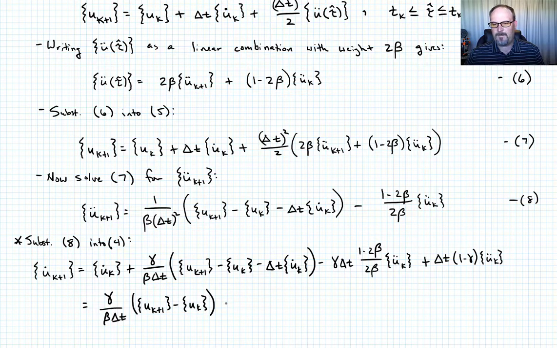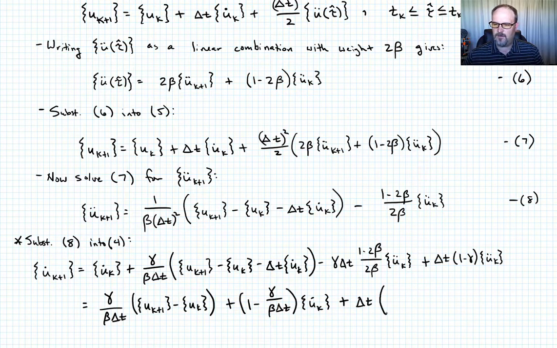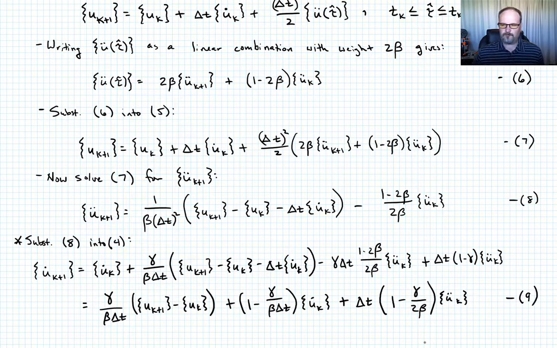Okay, and then plus 1 minus gamma over beta delta t times u dot k, okay, plus delta t times the quantity 1 minus gamma over 2 beta times u double dot k. Let's call that equation 9.